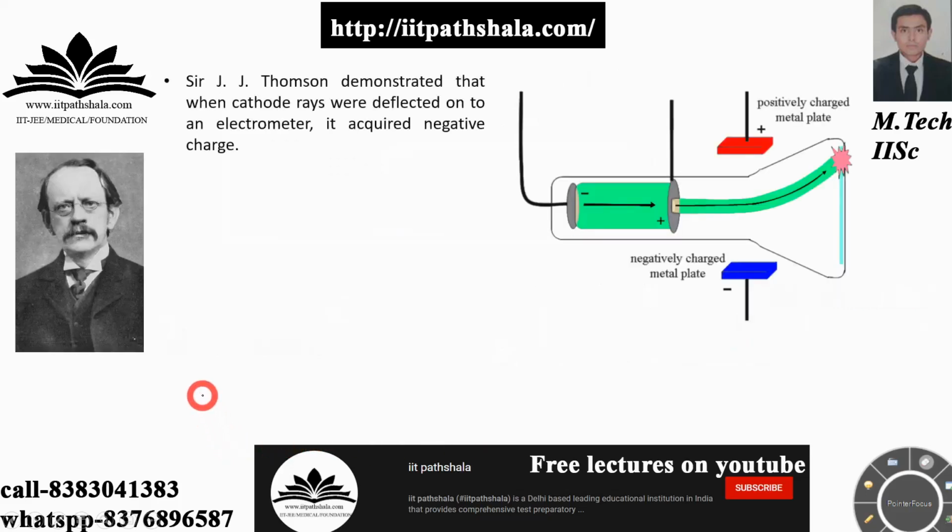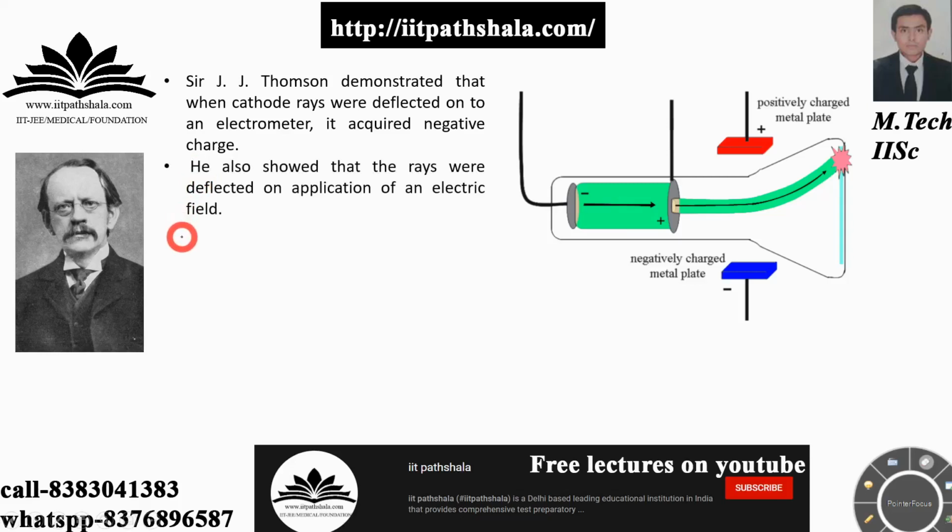Now guys, Sir J.J. Thomson demonstrated that when cathode rays were deflected onto an electrometer, it acquired a negative charge. Then he also showed that the rays were deflected on application of an electric field. The cathode ray beam was deflected away from the negatively charged plate towards the positively charged plate, stating that it is carrying a negative charge.